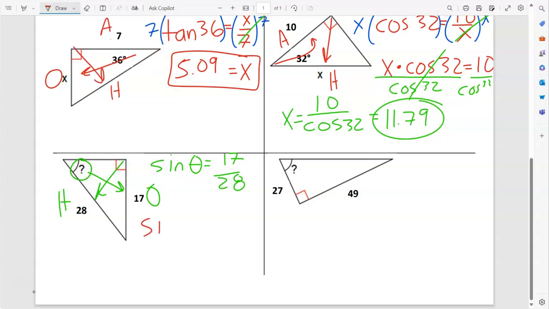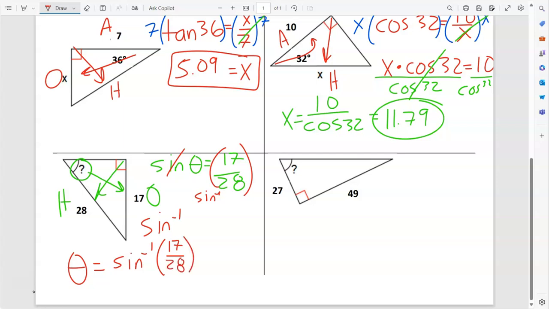So inverse sine of that would cancel that guy off, and then inverse sine of this guy right here. So the answer is inverse sine of 17 over 28. And we get 37.38 degrees.